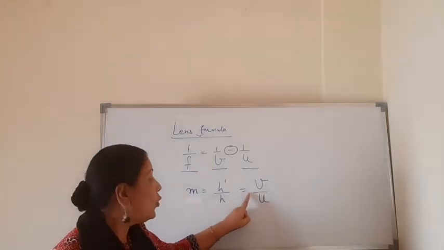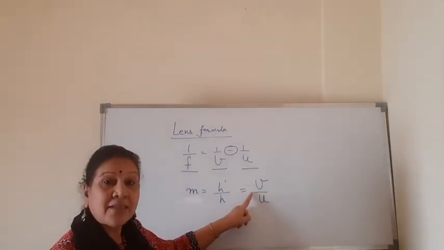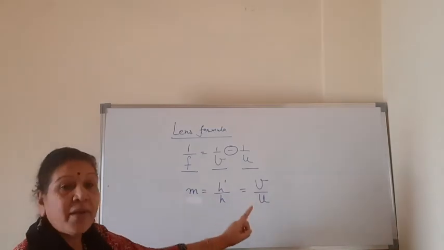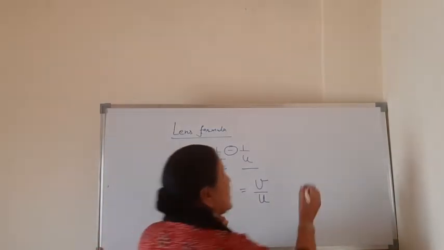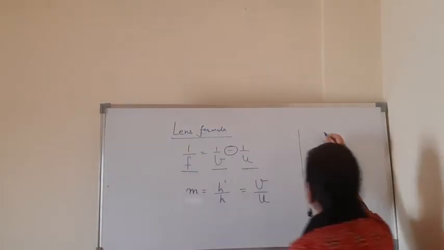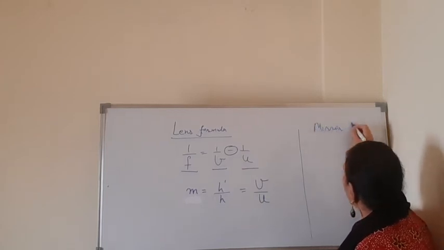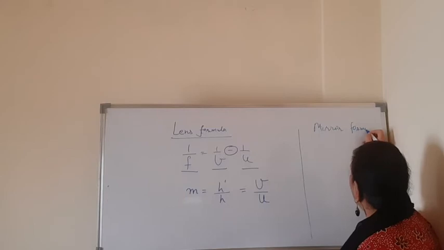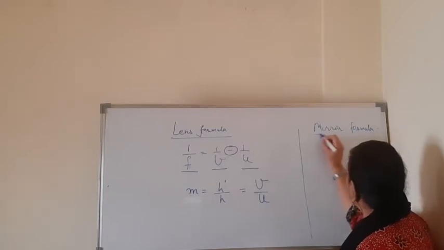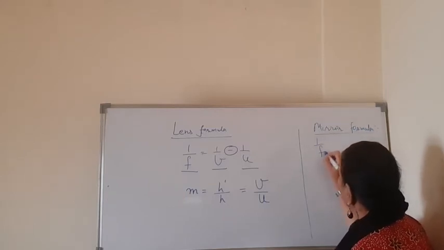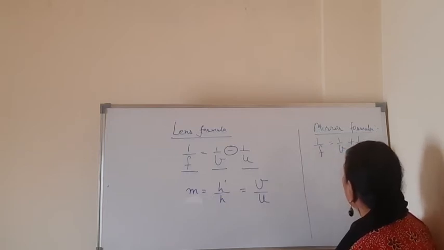Here also, if you see, this is plus. In the case of mirror, I'll just write the mirror formula here so you can compare. If you recollect, it was 1 upon f is equal to 1 upon v plus 1 upon u.